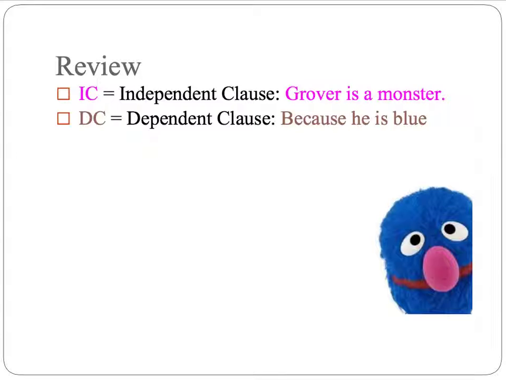It has a subject, a verb, and a complete thought. The reason the DC is a dependent clause is because even though it has a subject and a verb, it is not a complete thought: "because he is blue." It doesn't really tell us anything. It's more giving a how.